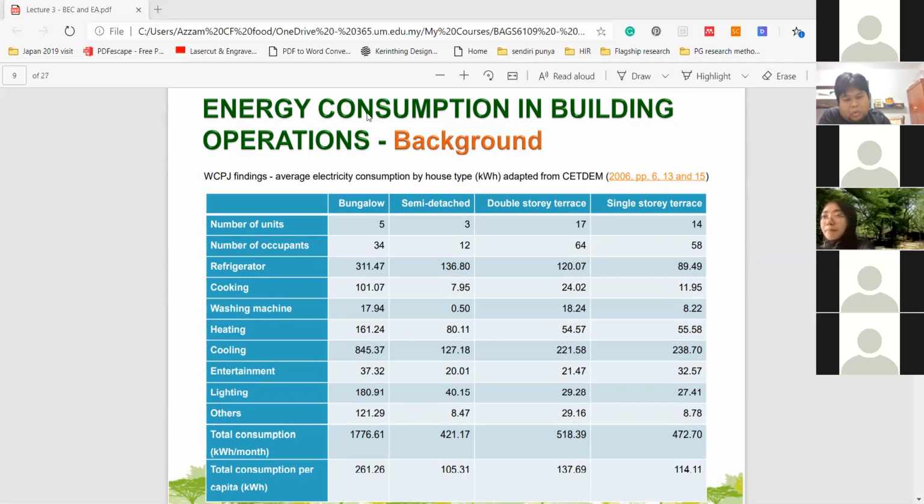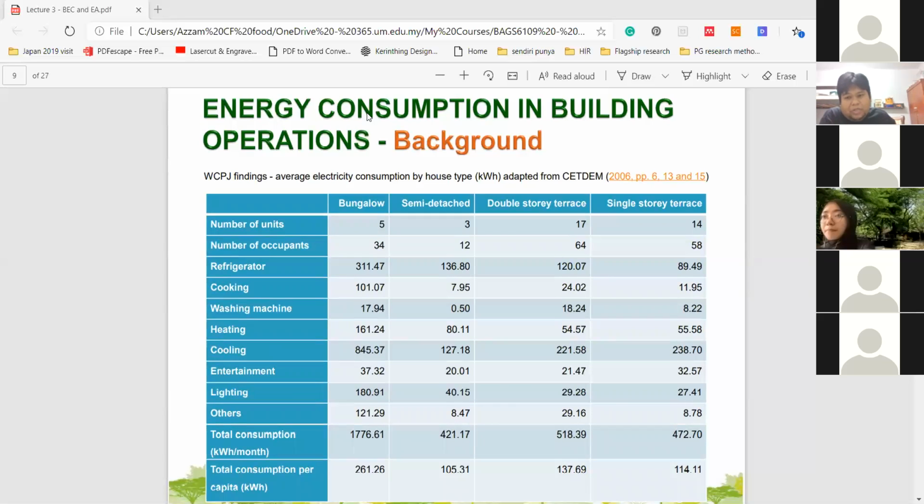They studied a number of houses within a couple of communities, and they found out that total consumption per capita, per capita means per head, if you live in a bungalow is so much higher in comparison to people living in single-story terrace houses.